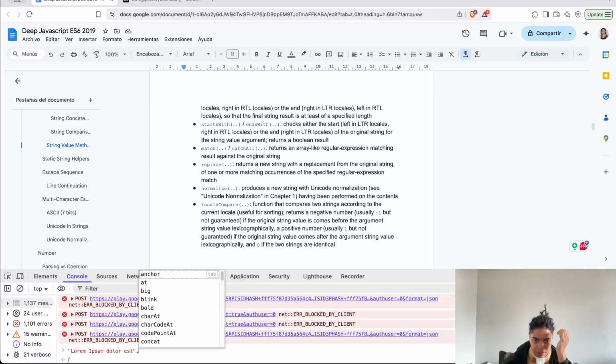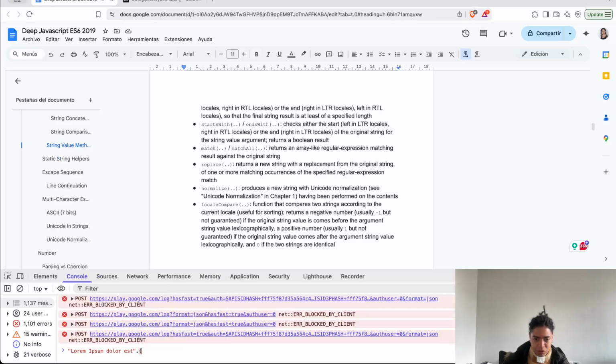Here you say, I want to replace any O with this particular value, replacing one or more matching occurrences of the specified regular expression.